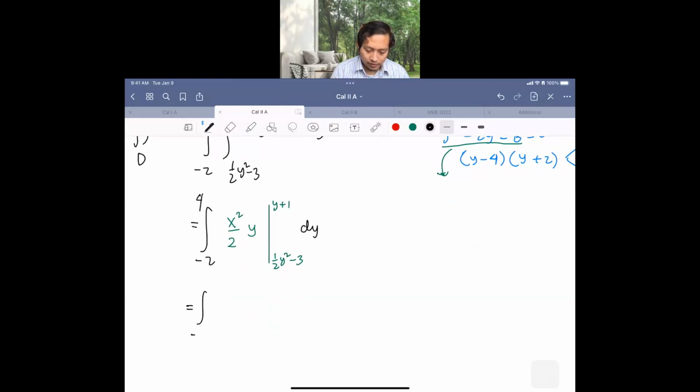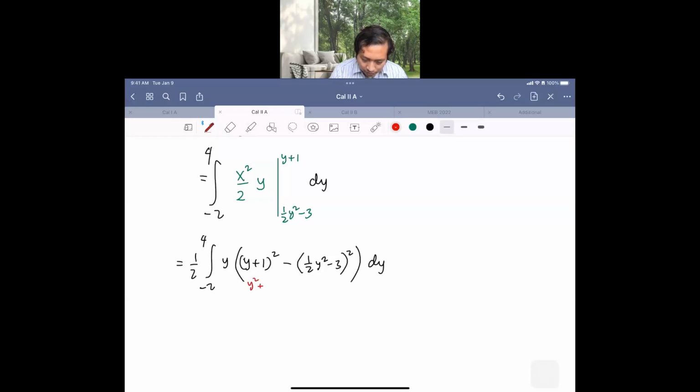So we can substitute y, or maybe factorize half outside to make it easier. So x squared, so y plus 1 squared minus half y squared minus 3 squared, okay, and then dy.